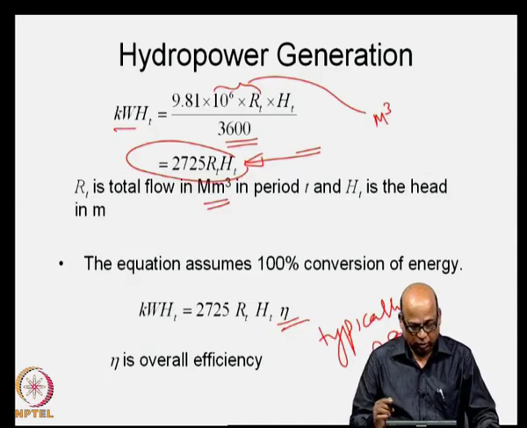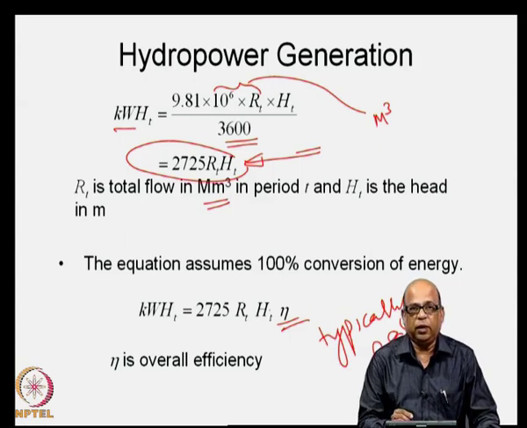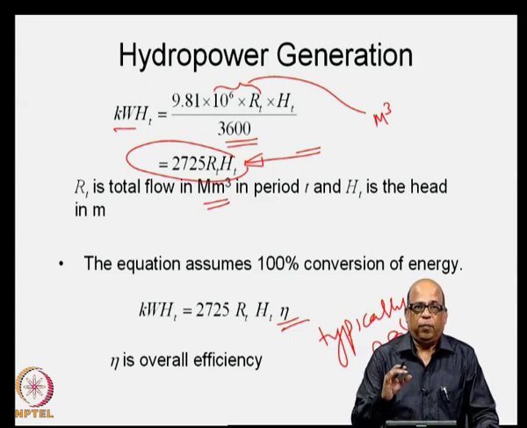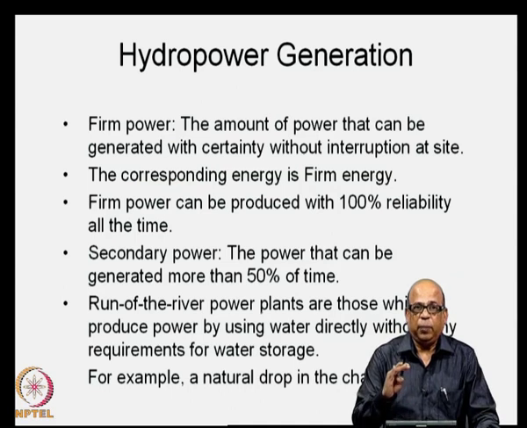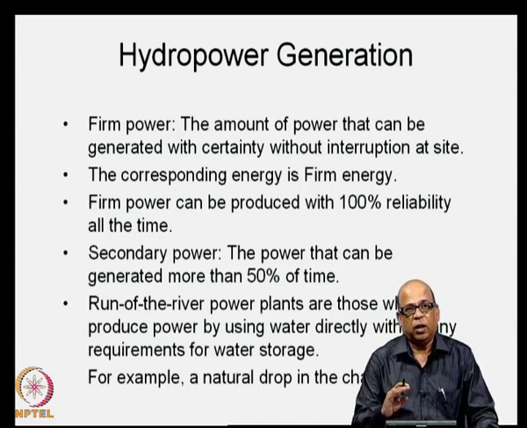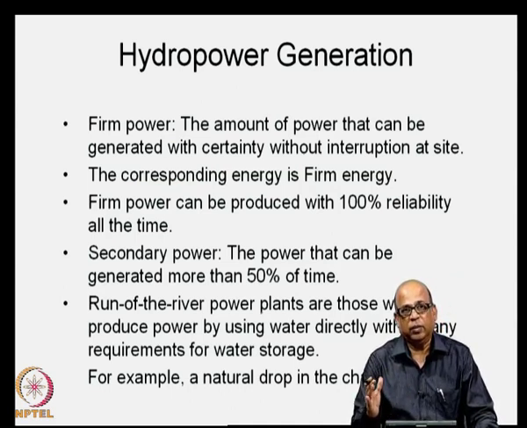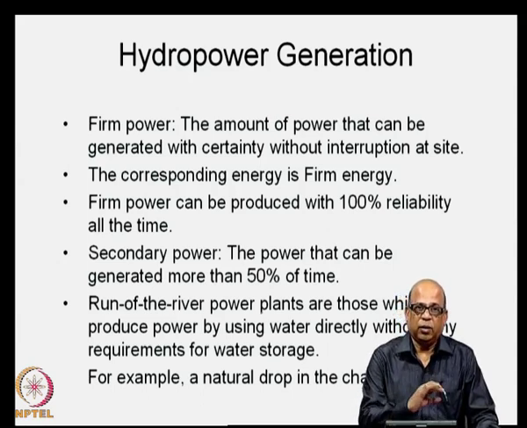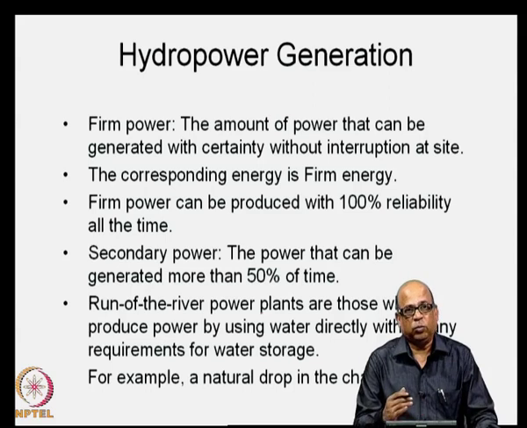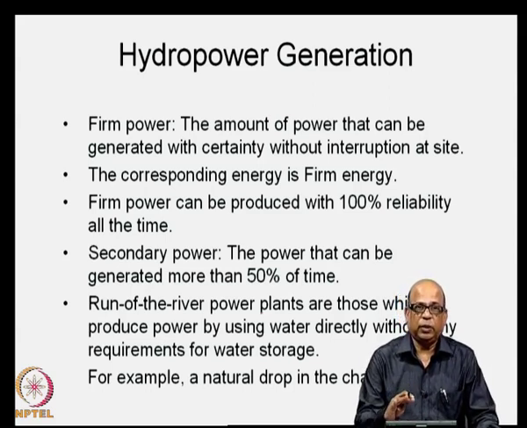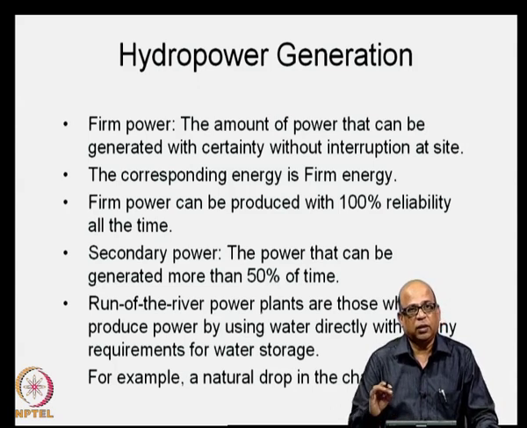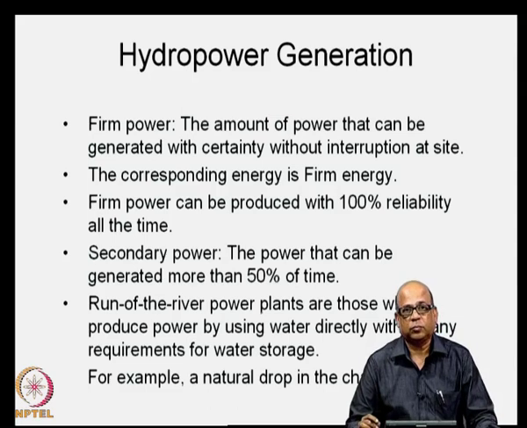Look at this expression, this is the discharge and this is the head. At a given site, depending on the water that is available and depending on the head that is available in a particular time period, you will have a minimum power that can be produced. Now, this is the assured power. So, this is power that is available with 100% reliability, and that is the minimum power that you can produce, and this is called as the firm power.